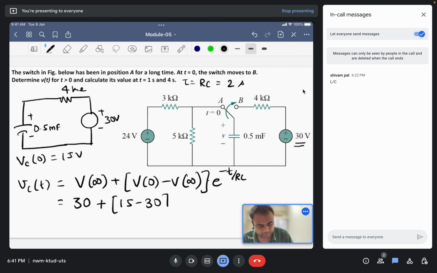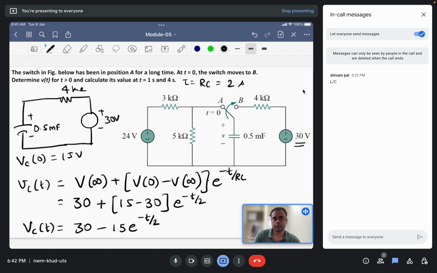So this is 30 minus 15 e to the power minus t by 2. So this will be the voltage drop across the capacitor.